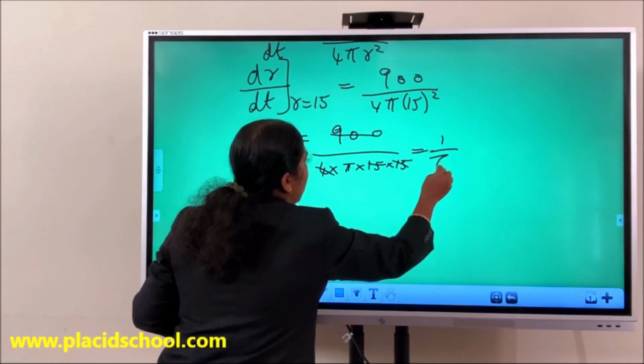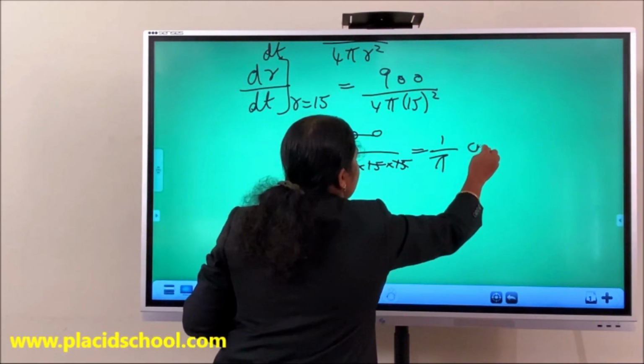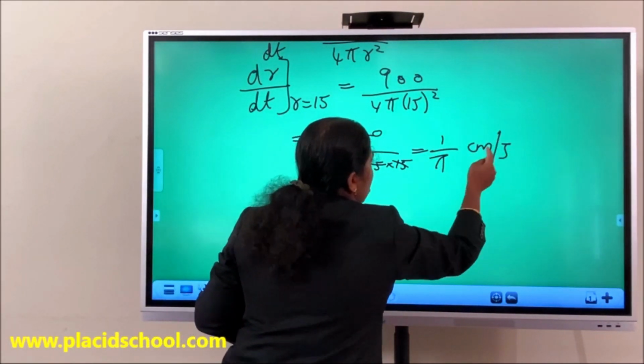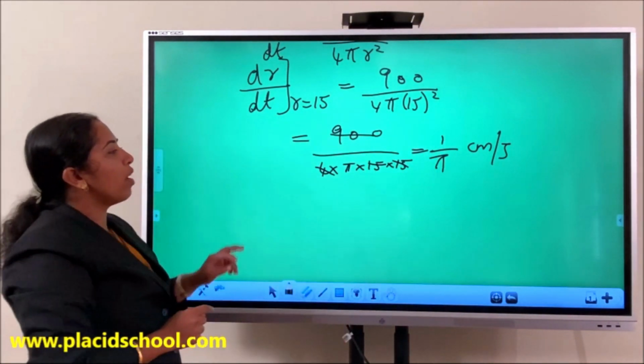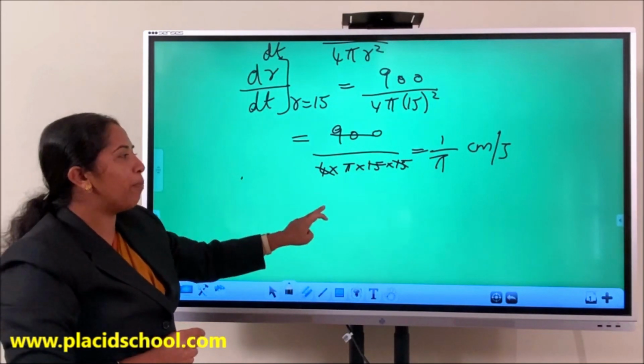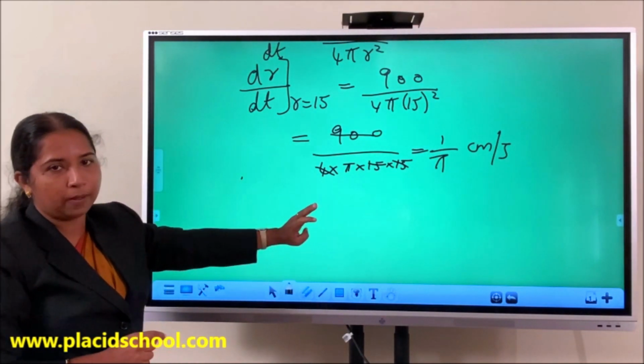So this is 1 by pi centimeter per second. The unit of radius is centimeter and time is in second. So the radius is changing at the rate of 1 by pi centimeter per second.